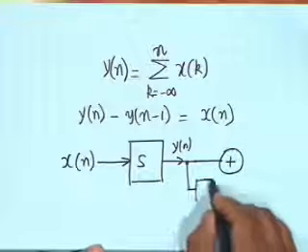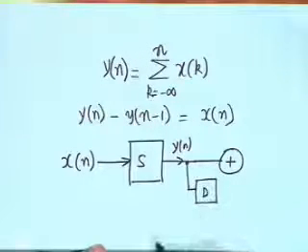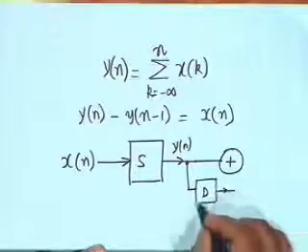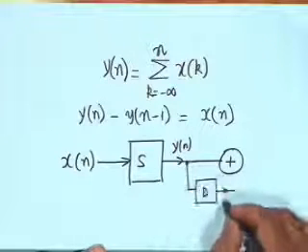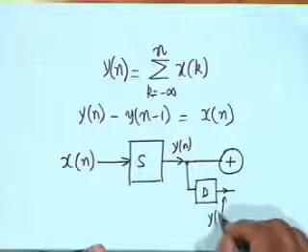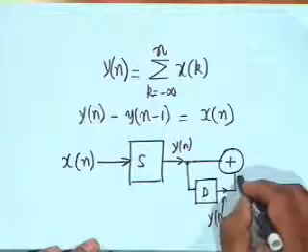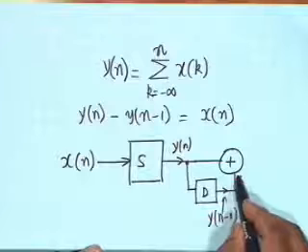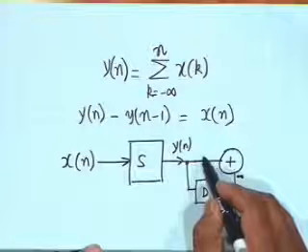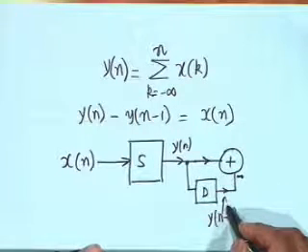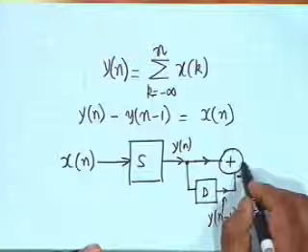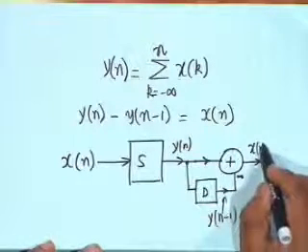I call this a delay D. The system D is such that if y of n is the input, then its output is y of n minus 1. Then I subtract this, shown by the negative sign here. This is y of n, and this is y of n minus 1. I subtract, and then I produce x of n.